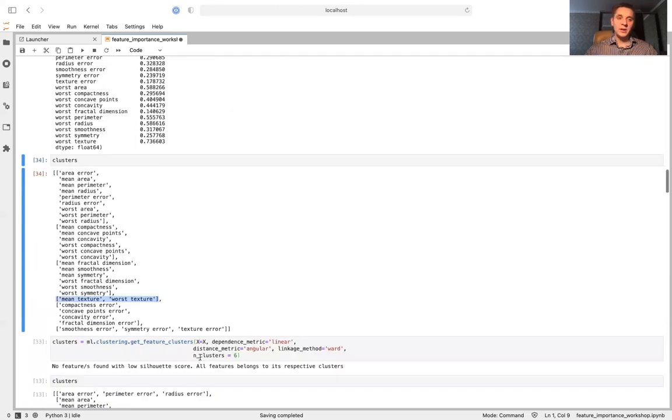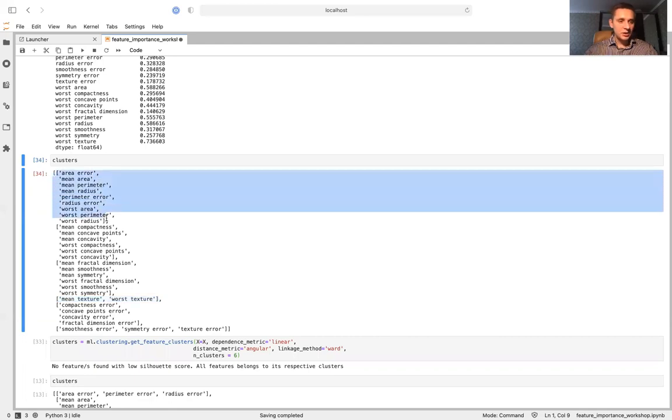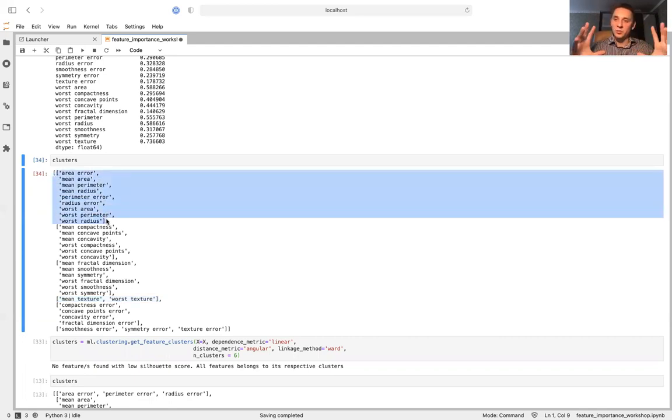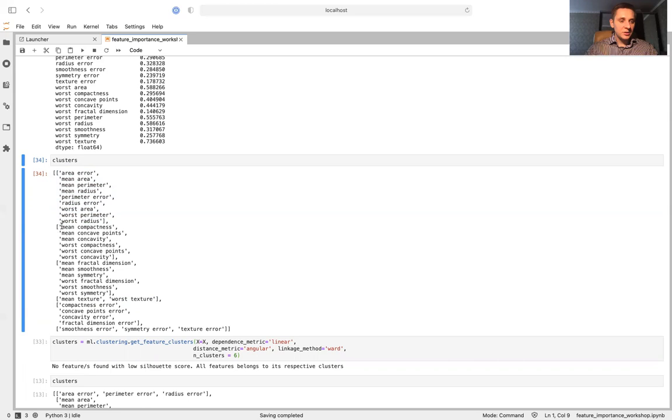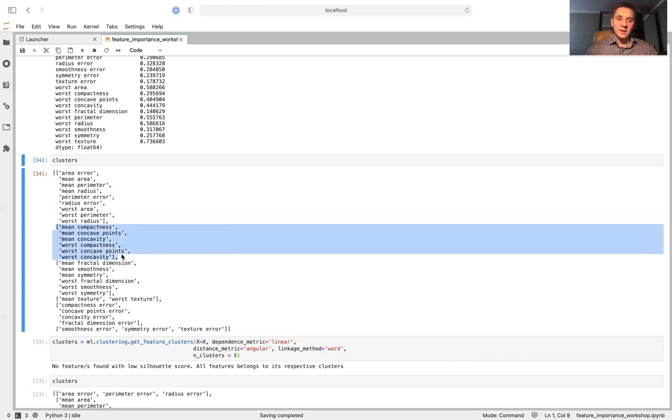Okay, so these are good news for us, because k-means clustering and agglomerative clustering generated mostly the same clusters. So let's take a look at these clusters. The first cluster is related to geometrical properties, such as area, mean error, perimeter, radius, worst area, radius error, etc. The second cluster is more about compactness and concavity, with features like mean concavity, concave points, compactness.